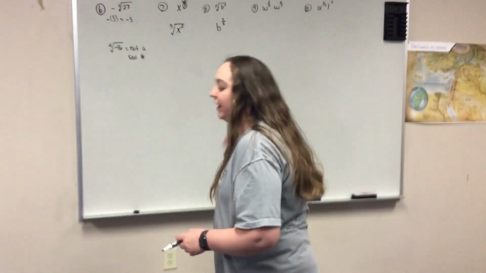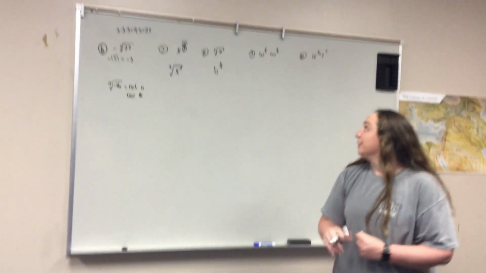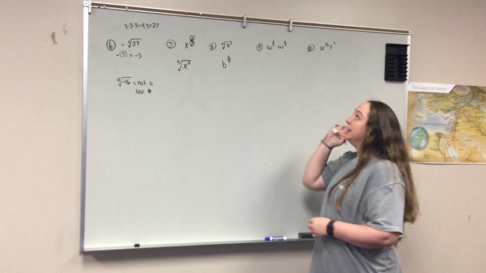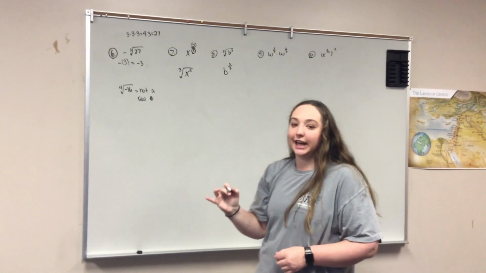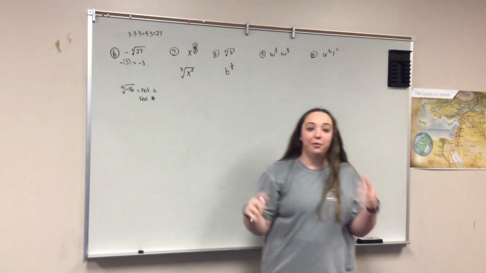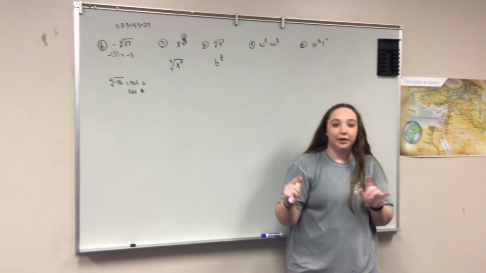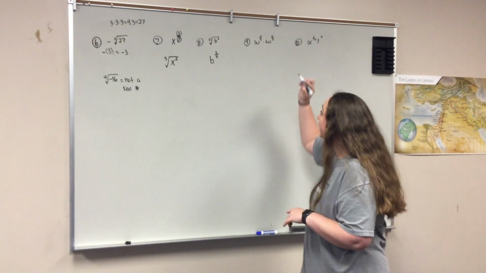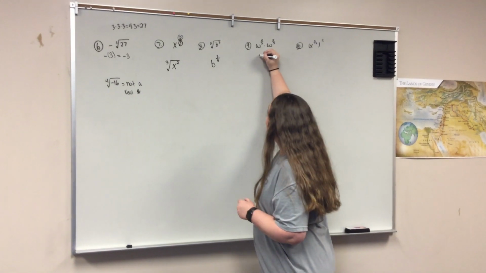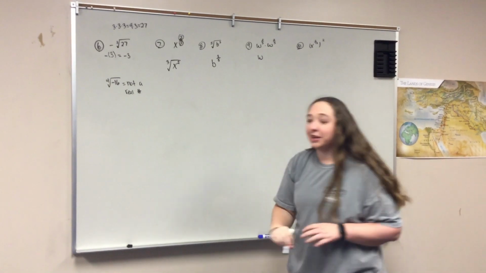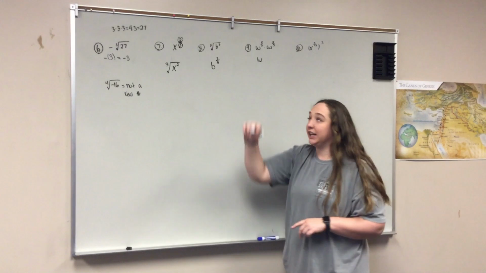Okay, now number 9, we have w raised to 2/3 times w raised to 2/5. So the first thing I'm going to do is use what we learned in 8-1, and I'm going to combine the like terms to get one variable, but this one's going to be a little more complicated because we're working with fractions.